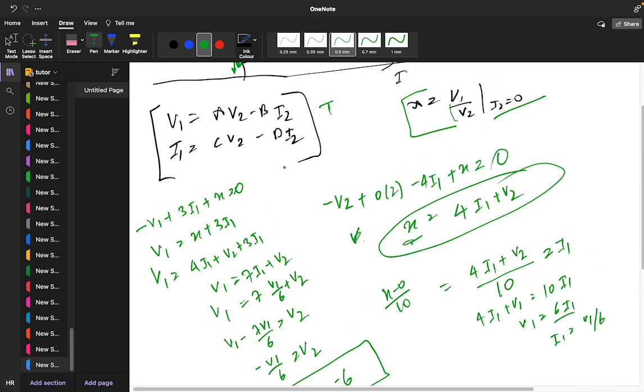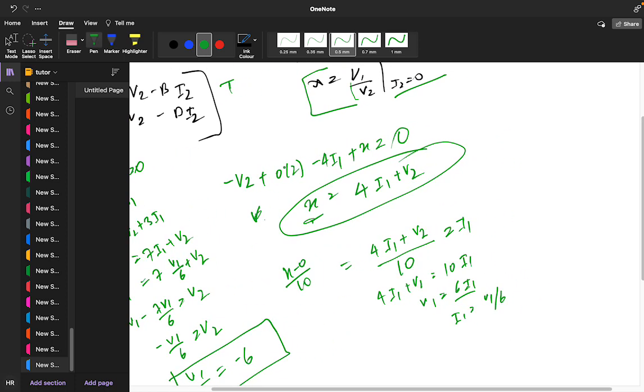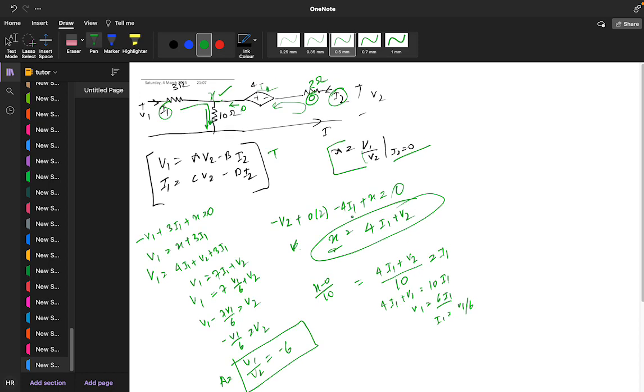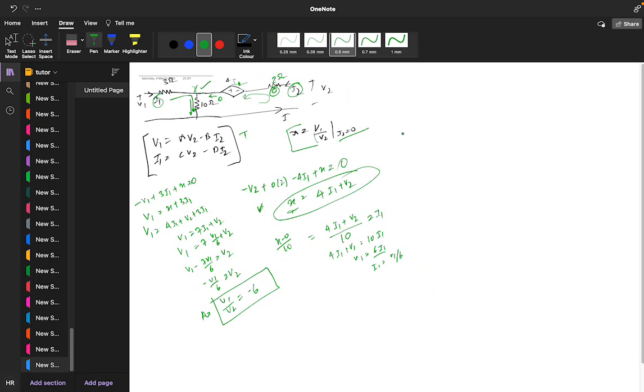What about the value of B? In the same way, you need to find the value of B. B is nothing but minus V1 upon I2 while making V2 equal to 0.